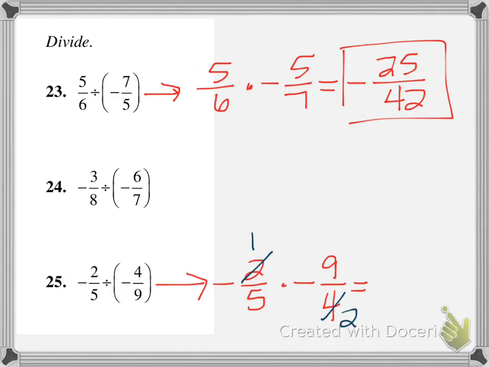Because I have a negative times a negative, I know that my answer is positive, so I'm not even going to look at the signs, I'm just going to focus on my numbers. So 1 times 9 is 9, 5 times 2 is 10. So 9/10 would be my answer on number 25.